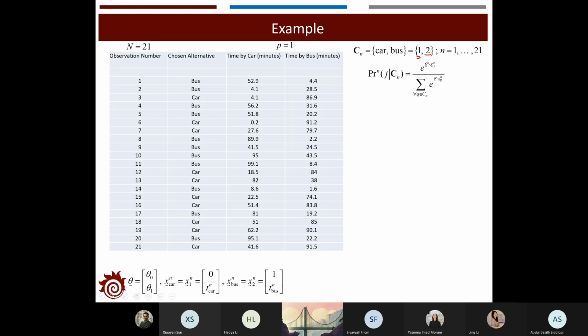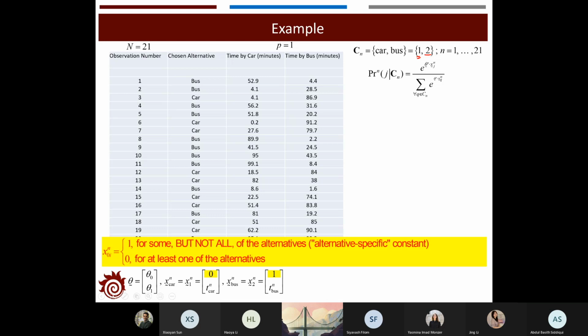And also, we have to set another constant or dummy variable, which is x0. By definition, the dummy variable should be applied to some mode, but for the other mode it will be set as 0.